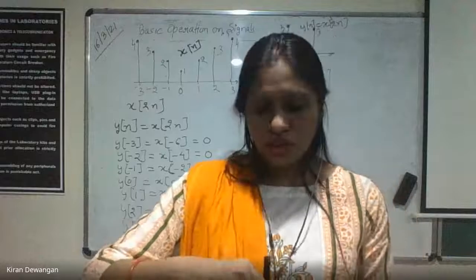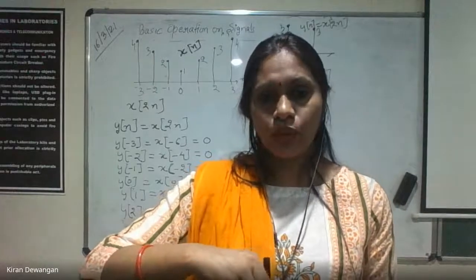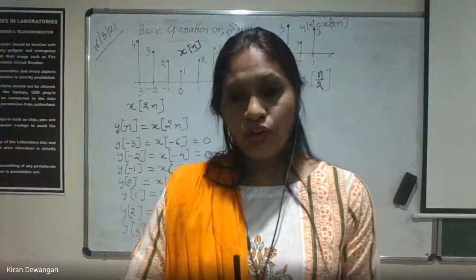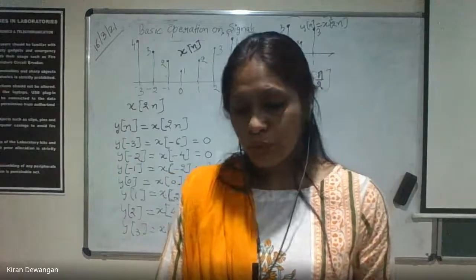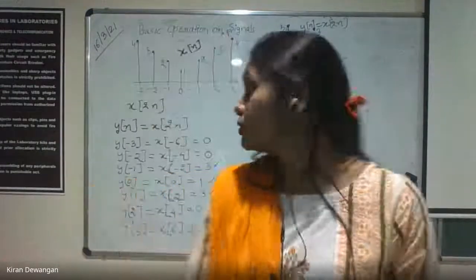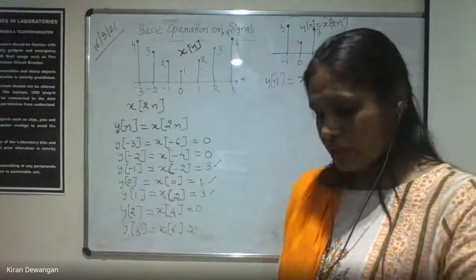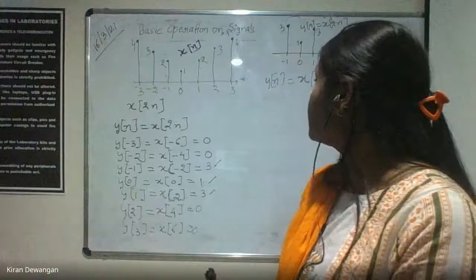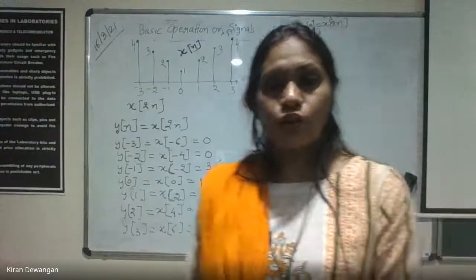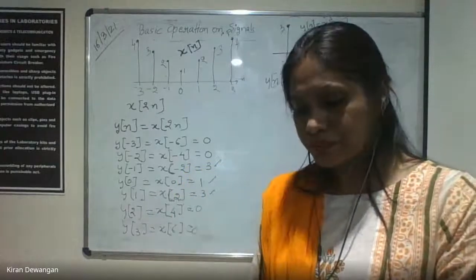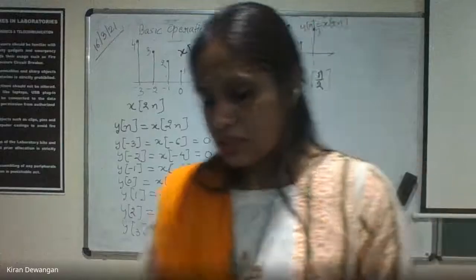Then 0 it is clear. 0 पे 1. Then y of 2, at 2 पे the value will be 2. And then at 4 the value will be 3. And at 6 the value will be 4. That's very clear. ठीक है.